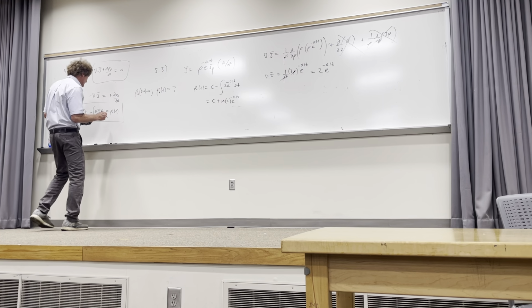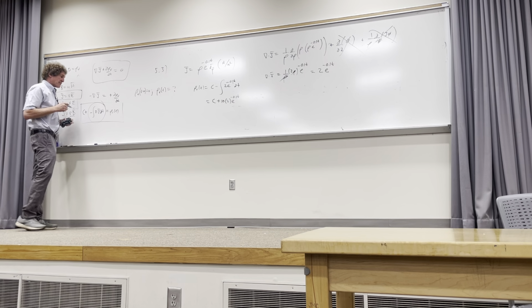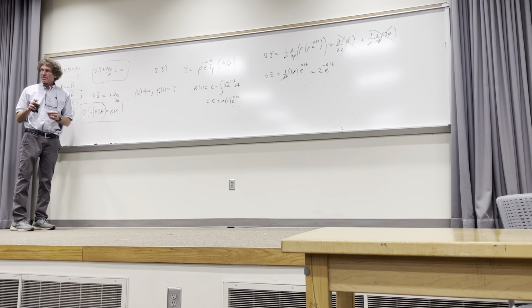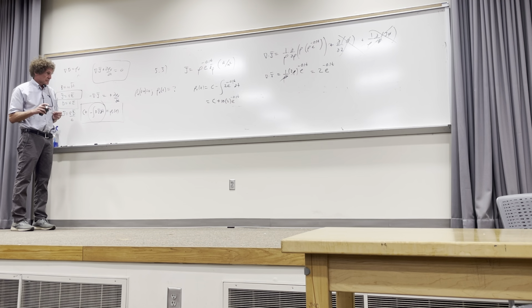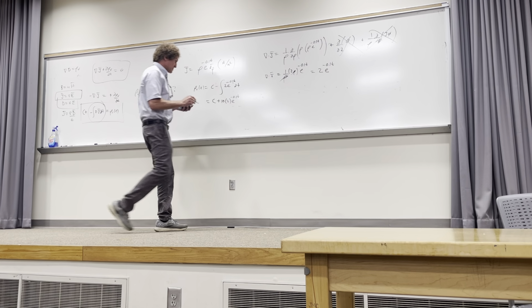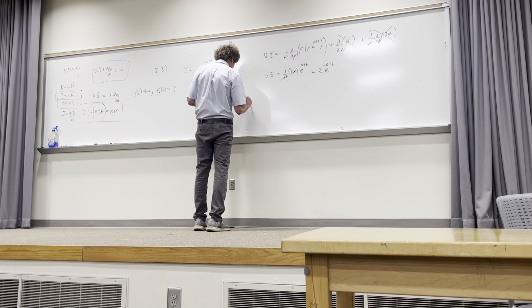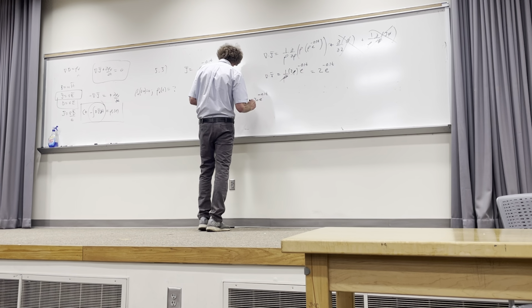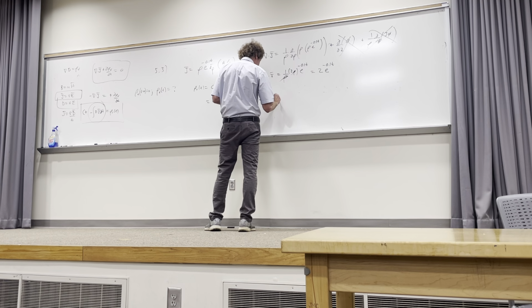The mistake I made is this, I get casual. I forgot to do the time integration right there. Right? And that would be rho v of t.